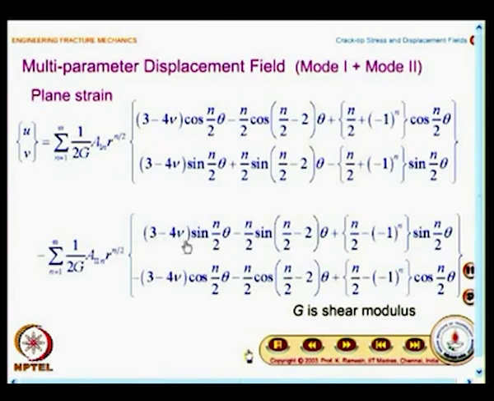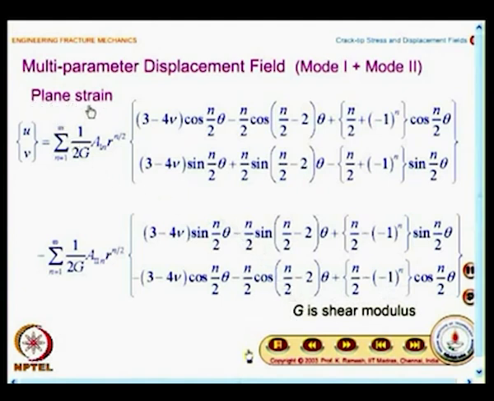It is 3 minus 4 nu, nu is the Poisson's ratio, sin n by 2 theta minus n by 2 sin n by 2 minus 2 theta plus n by 2 minus of minus 1 whole power n sin n by 2 theta minus 3 minus 4 nu cos n by 2 theta minus n by 2 cos n by 2 minus 2 theta plus n by 2 minus of minus 1 whole power n cos n by 2 theta. And you have to note that g is the shear modulus.